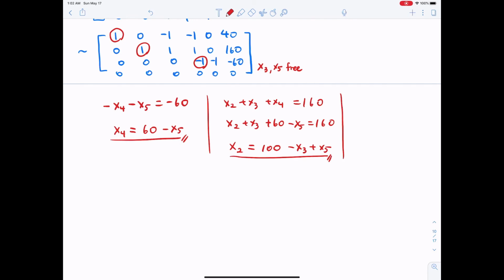Lastly, from the first row, we have x1 minus x3 minus x4 equals 40, or x1 minus x3 minus 60 minus x5 equals 40, or x1 equals x3 plus 40 plus 60 minus x5, which is the same as x3 minus x5 plus 100.